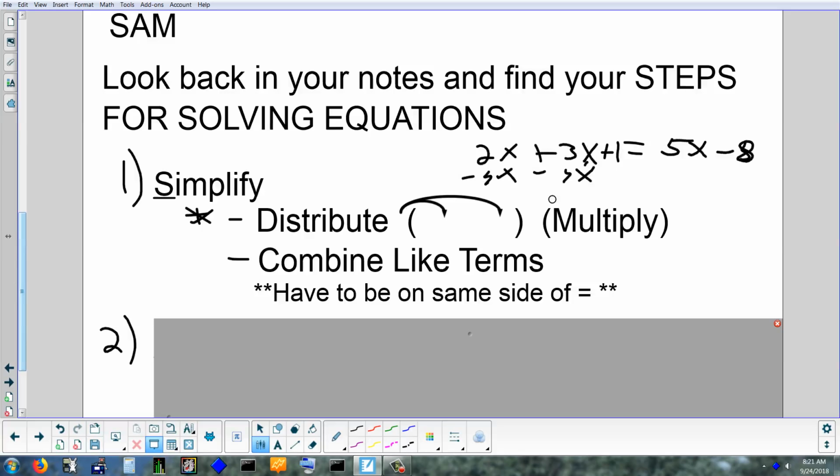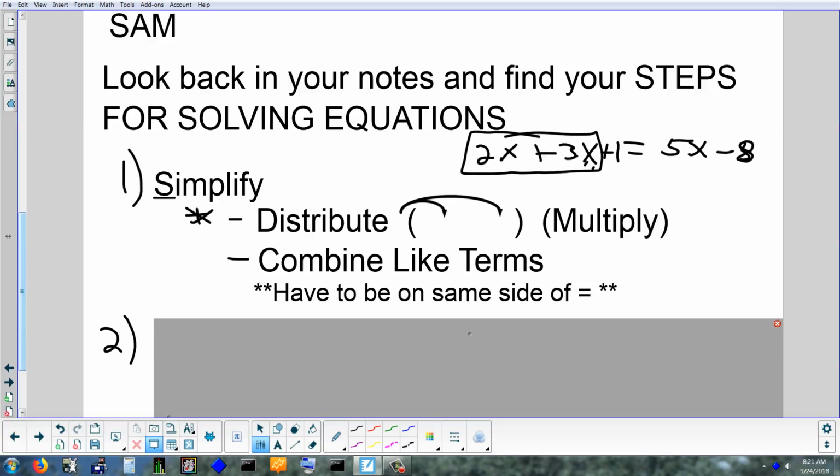No. The only time you do the opposite is when you're moving something from one side to the other. When it's on the same side, you just combine it the way it is. 2 plus 3, 5. You just add them up. Don't do the opposite unless you're moving something to the other side.